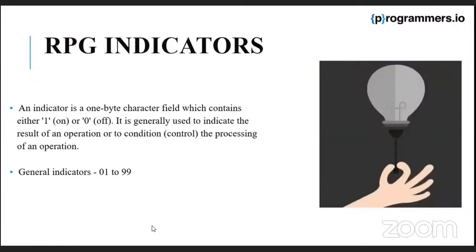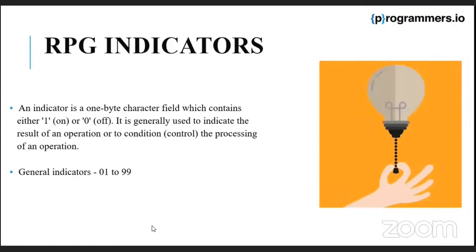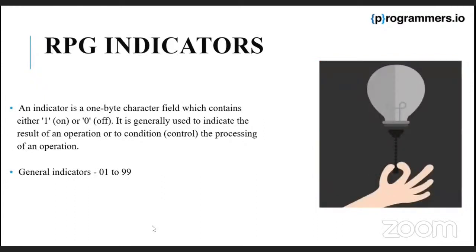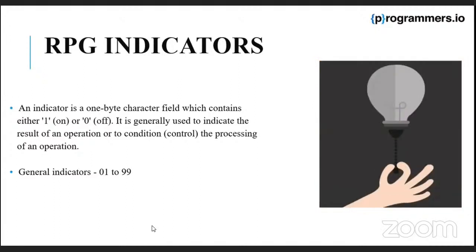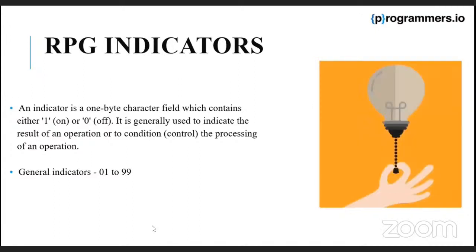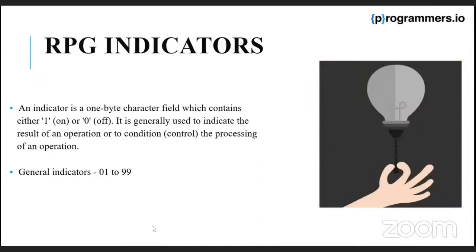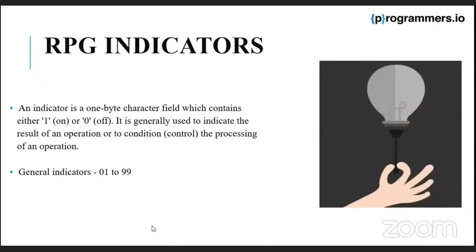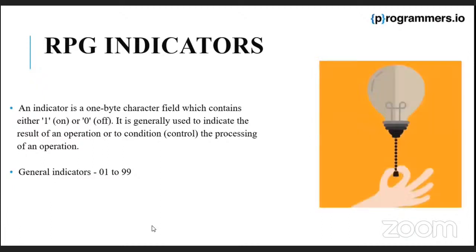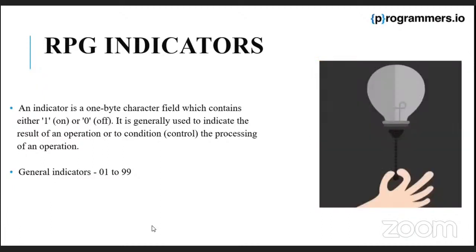We have lots of indicators, but in free format we use a minimum of indicators, and other indicators are deprecated in fully free format. So we will talk about only the general type of indicators in our program.